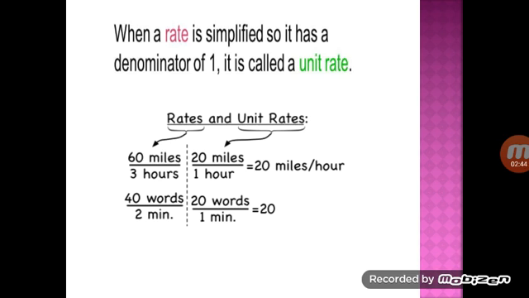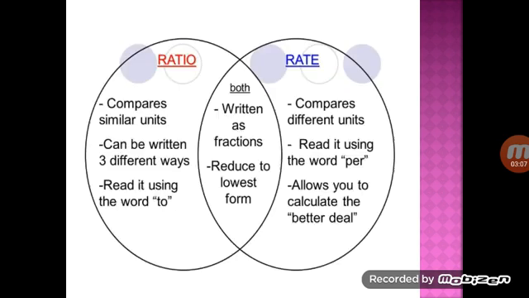Here the highest common factor is 3. So the result is 20 miles per hour. The other example is, if a typist types 40 words in 2 minutes, when we simplify it, we can say that it types 20 words per minute. Now the next slide shows some similarities and differences between ratio and rate.